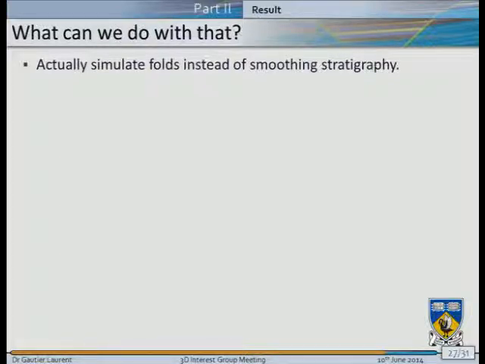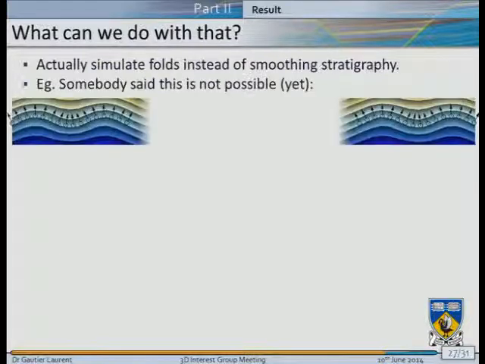And I'm going to show some results now to show how it is working. So first, we can try to actually simulate folds with that and not just interpolate and smooth things. At a recent conference, I saw a little drawing like that with folds on two sides, and there is a gap of data in between.